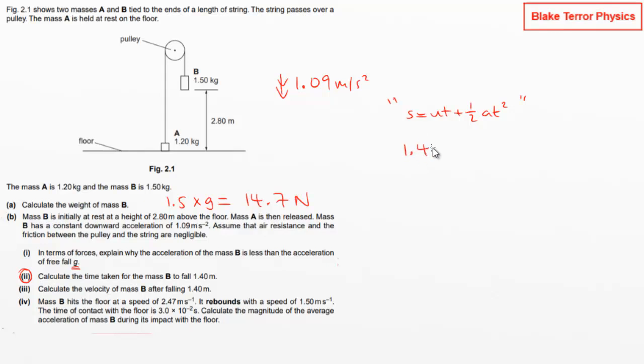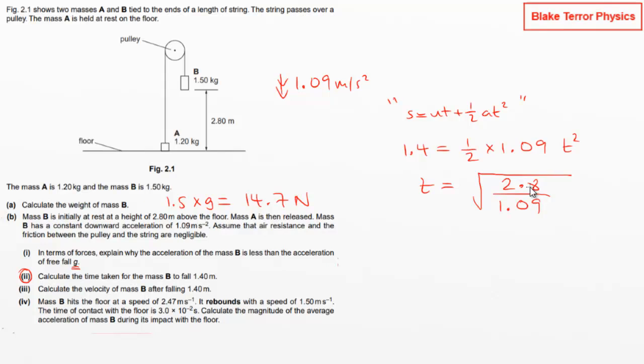So we've got 1.4 equals 0, because we haven't got a u, u is 0, and then a half multiplied by 1.09 and then t squared. So t is going to be the square root of 2.8 divided by 1.09. 2.8 divided by 1.09 is equal to 2.568.